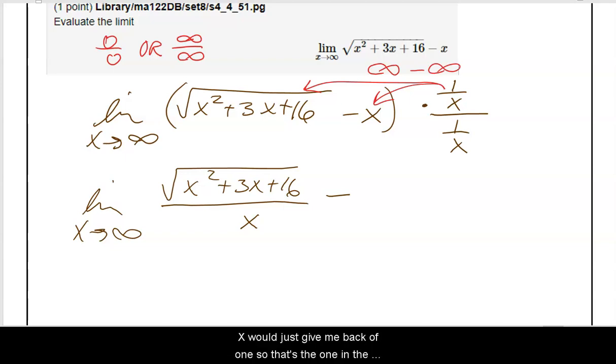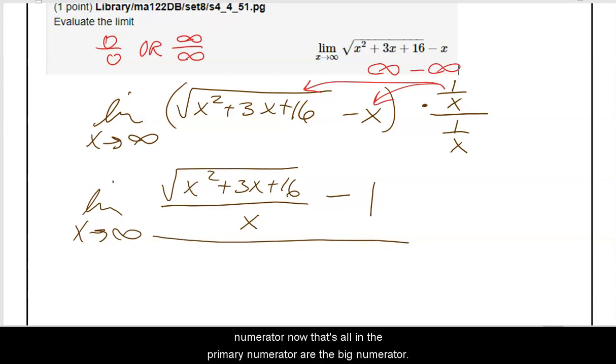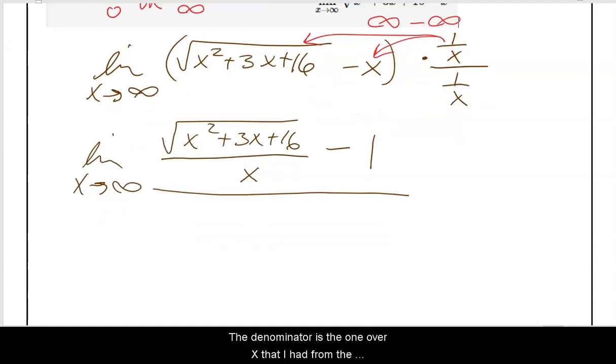So x divided by x would just give me back a 1. So that's a 1 in the numerator. Now that's all in the primary numerator, or the big numerator. The denominator is the 1 over x that I had from the denominator. Since these had no denominator, this becomes the new denominator. This is a fraction, okay?